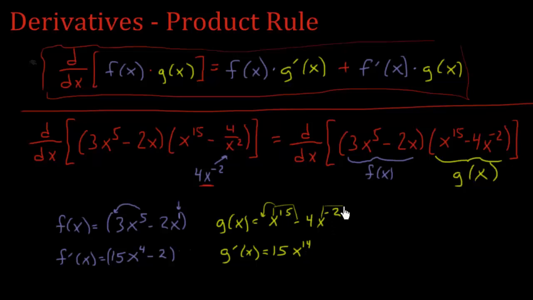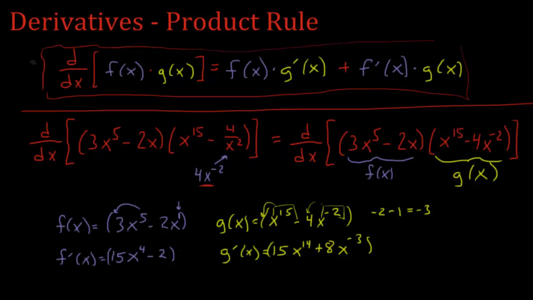When you bring the negative 2 down, it multiplies by negative 4 to make a positive 8x, and then subtract 1 off negative 2, so negative 2 minus 1 is negative 3. All right, now I have all the pieces I need for the derivative.